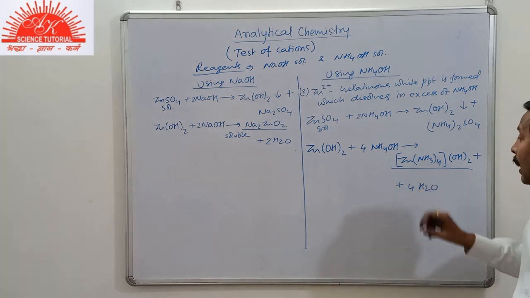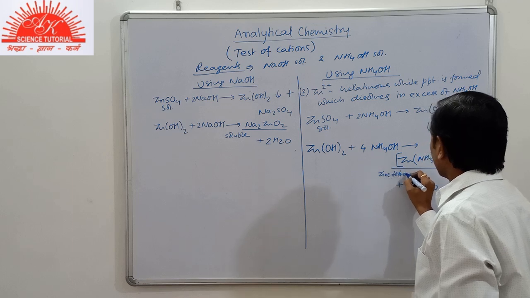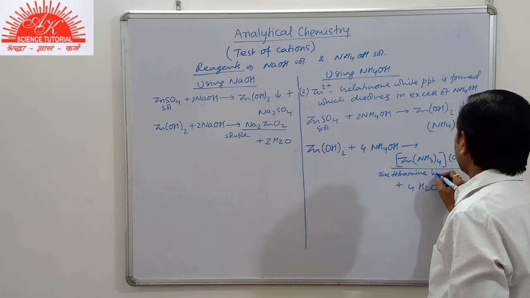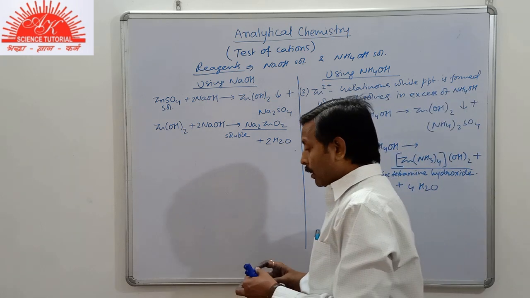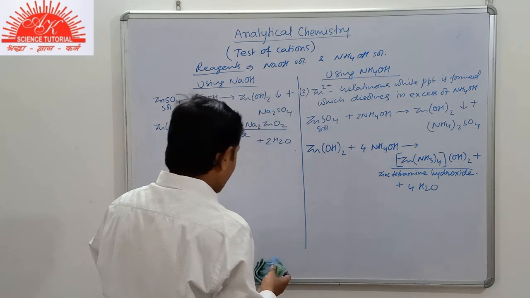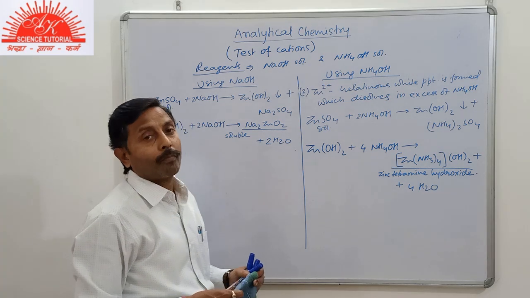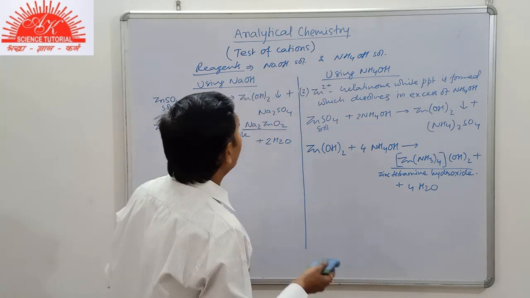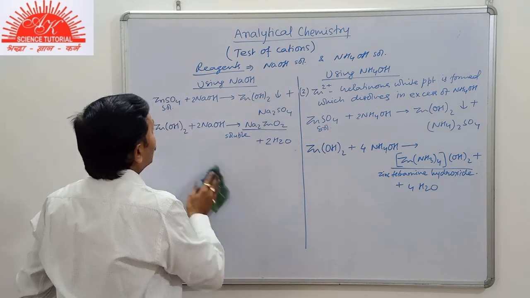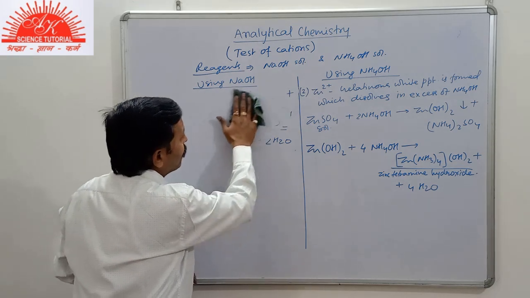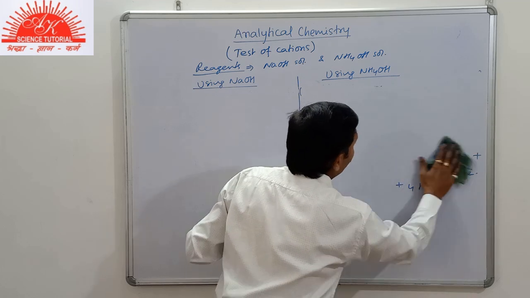Tetra for 4, amine. So students, we see that there is a similar observation in using NaOH and NH4OH. There is a clear concept of it, that in both the cases the white precipitate dissolves in excess of NaOH or NH4OH.